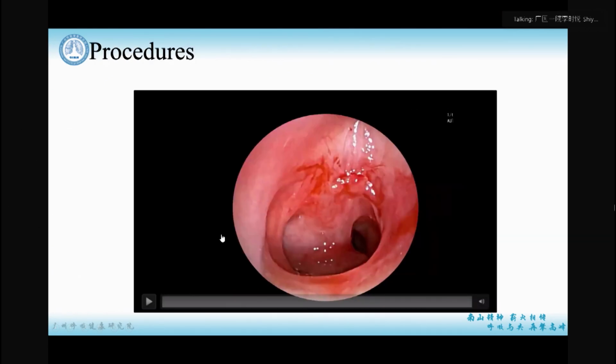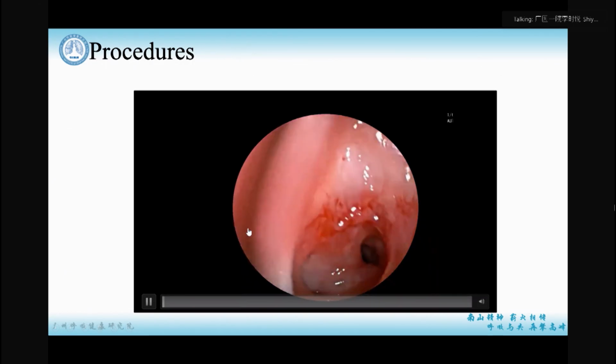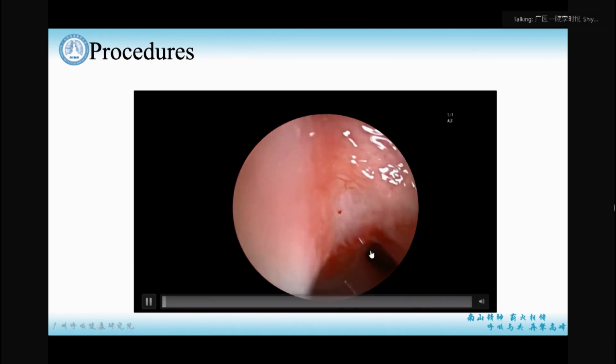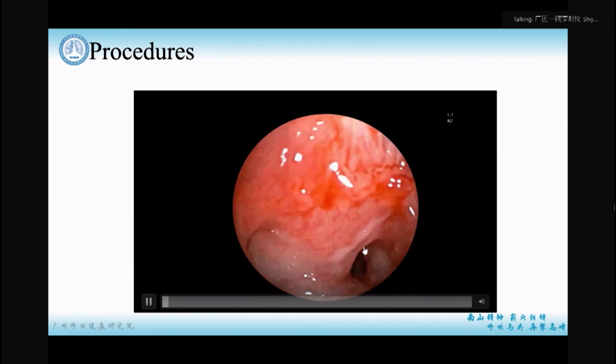Since this tracheal stenosis was caused by the malignancy, we used the contact laser to remove the tumor tissue.